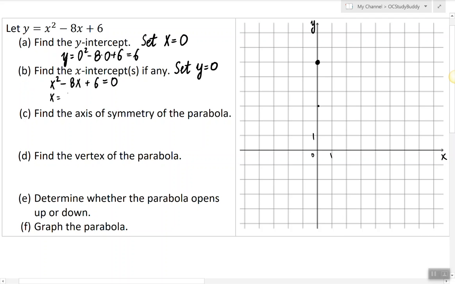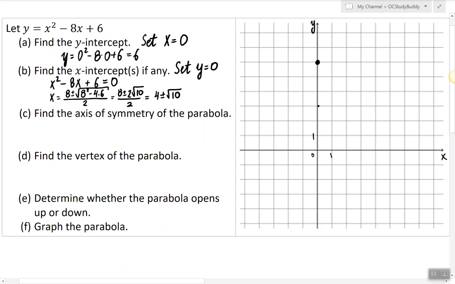x will be equal to 8 plus minus square root of 8 squared minus 4 times 6, divided by 2, and 8 squared is 64, 4 times 6 is 24, 64 minus 24 is 40, so 40 can be written as 4 times 10, so it's 8 plus minus 2 square root of 10 over 2, and we can simplify it as 4 plus minus square root of 10.